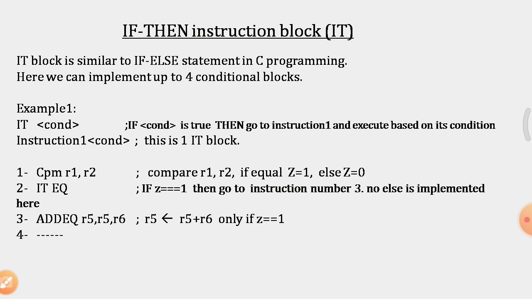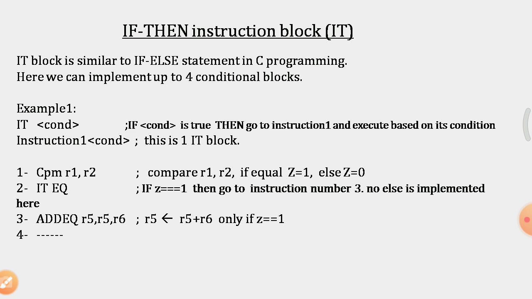If the condition is true, then go to instruction 1 and execute based upon its condition. So this is one IT block only, because the IT is not going to look for the second instruction. It is going to look only for the next instruction, which is written below the IT instruction.